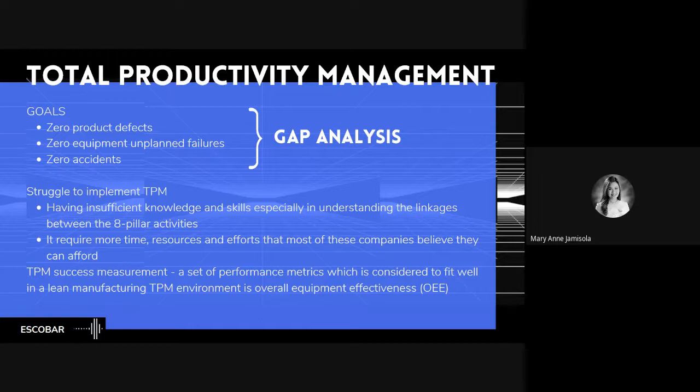The TPM success measurement is a set of performance metrics which is considered to fit well in a lean manufacturing or TPM environment. The main goal of TPM is overall equipment effectiveness, so more on the maintenance of the equipment.